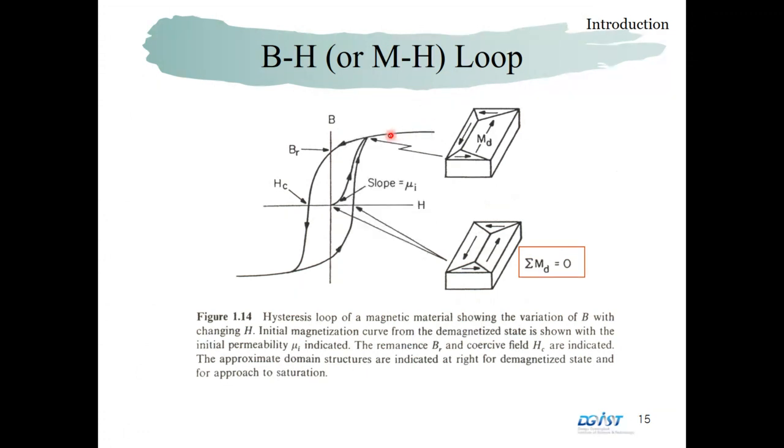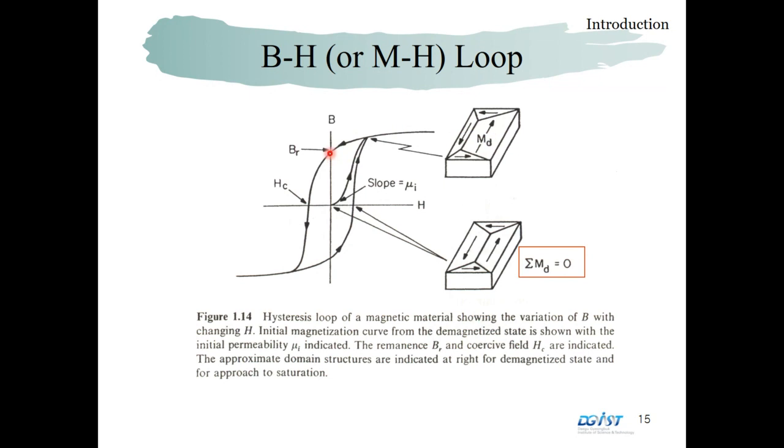But if you decrease the magnetic field a little bit, to zero field, they form a certain form of domain. A domain means a region where the magnetic moment direction is the same. So this is one direction, one domain, the other is the other domain. And this is another domain. And in zero field, they form several such domains. That means the average value of the magnetic moment is smaller than the saturated value.